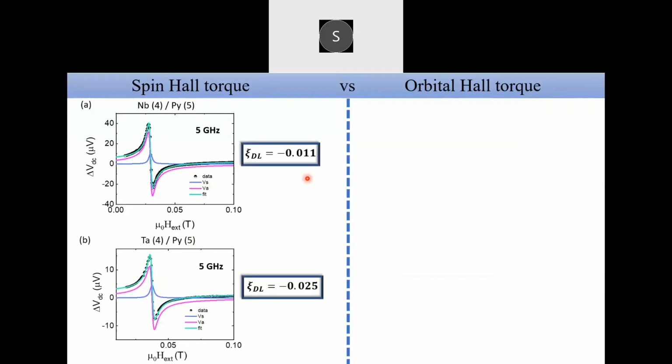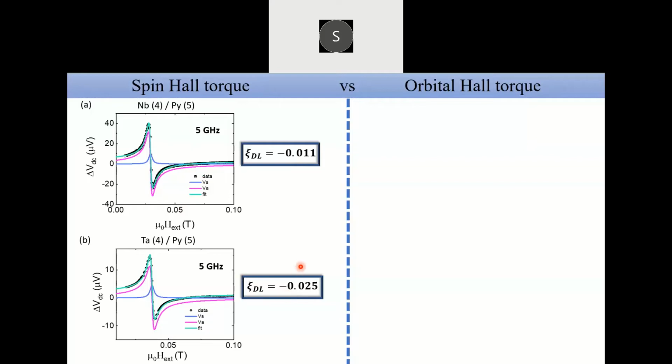We have obtained this damping-like torque efficiency of niobium, which is very small and negative, which is also consistent with the theory, because the spin Hall effect in niobium is very small, but it is larger than niobium in case of tantalum.